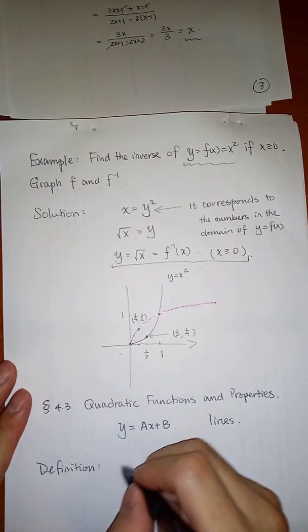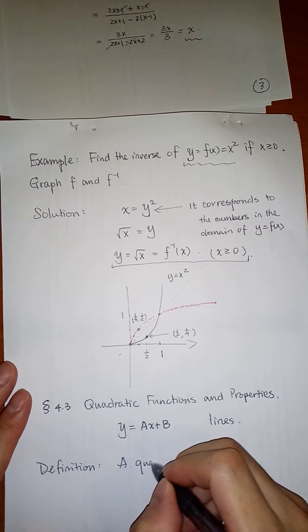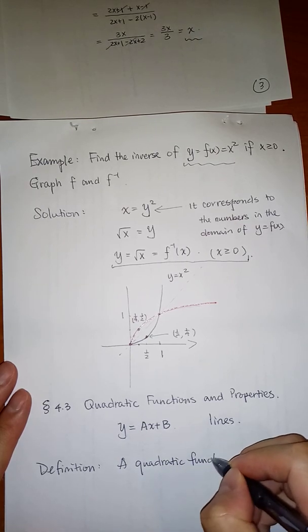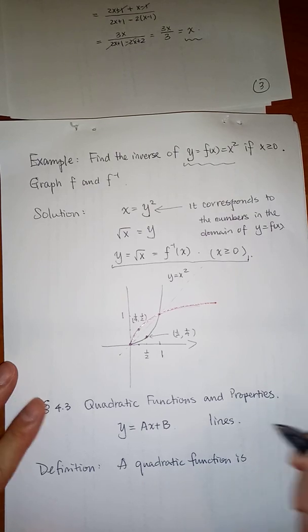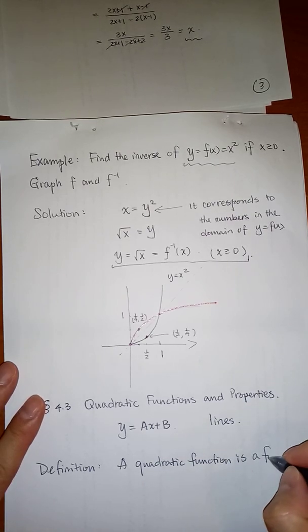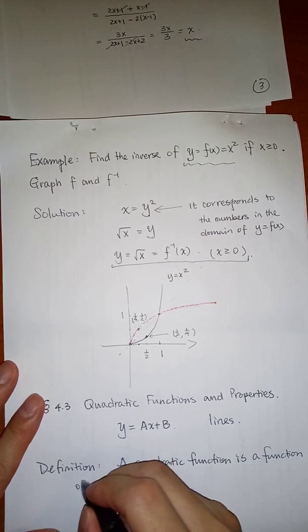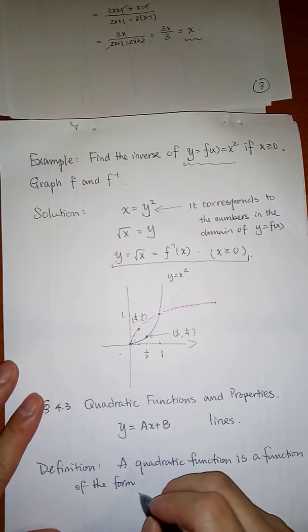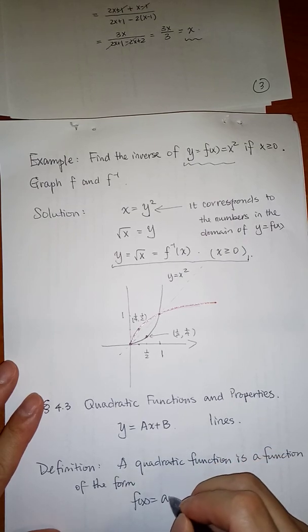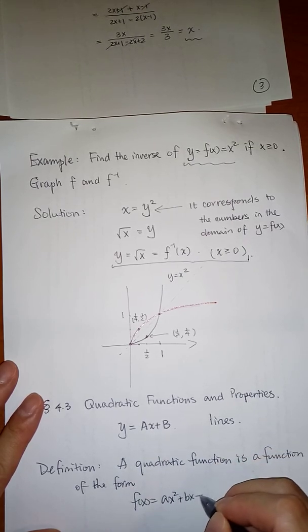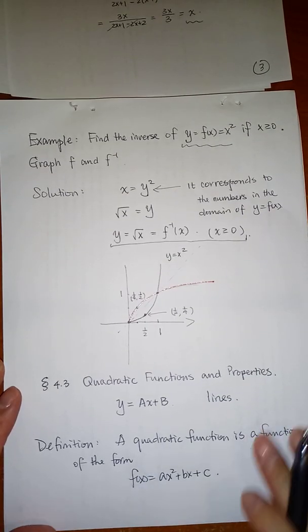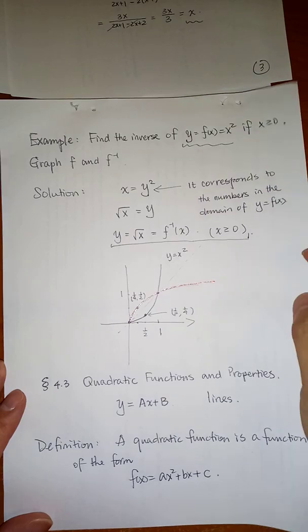A quadratic function is a function of the form f(x) is ax squared plus bx plus c. Of course, we want it to have second degree.